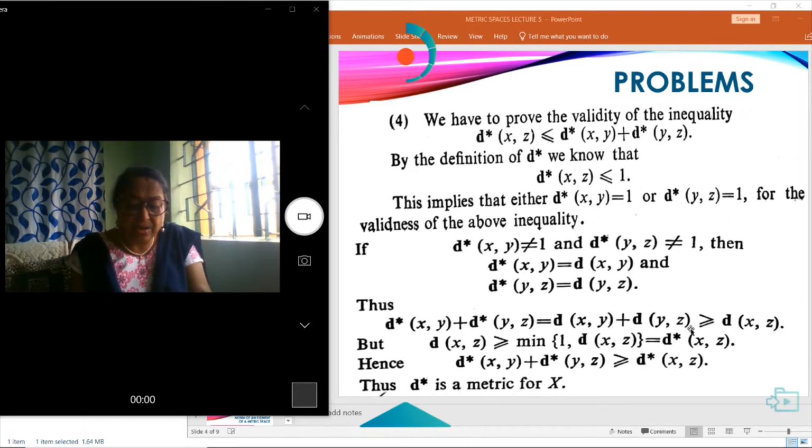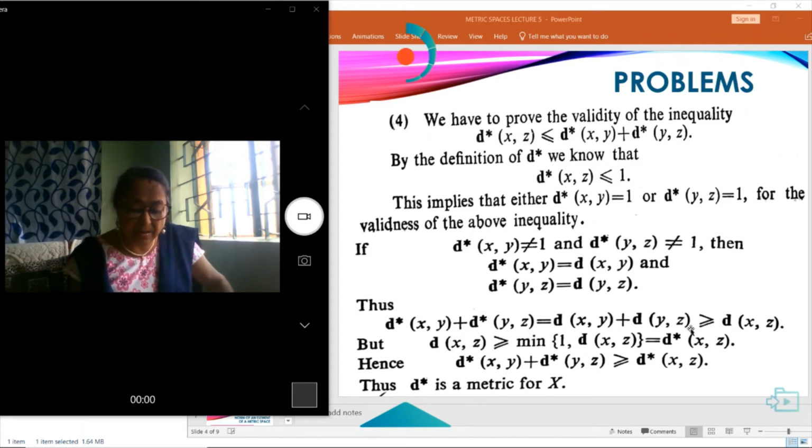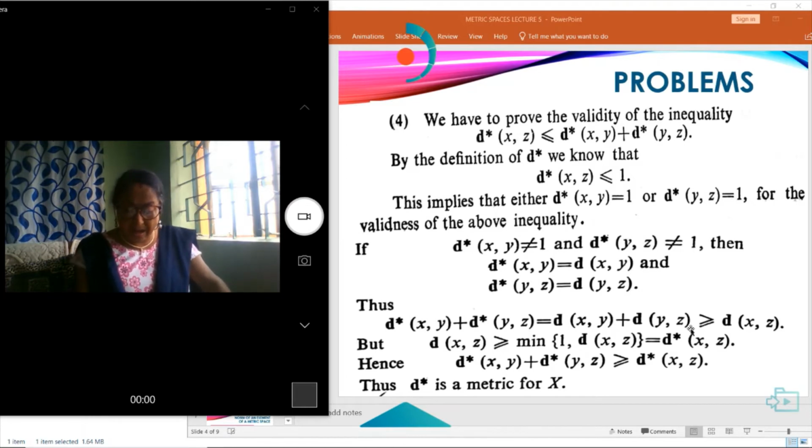So if d*(x, y) is not equal to 1 and d*(y, z) is not equal to 1, then d*(x, y) is equal to d(x, y) and d*(y, z) is equal to d(y, z). So d*(x, y) plus d*(y, z) is equal to d(x, y) plus d(y, z), which is greater than or equal to d(x, z). So d(x, z) is greater than or equal to the minimum of 1 and d(x, z), which is d*(x, z). Hence, d*(x, y) plus d*(y, z) is greater than or equal to d*(x, z). Hence, d* is a metric for R.